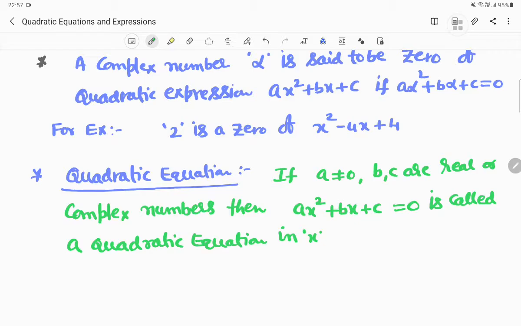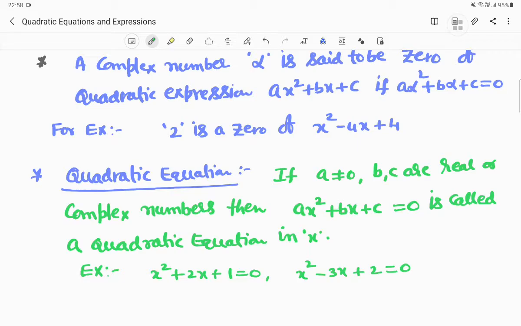Suppose in terms of y, it is a quadratic equation in terms of y. For example, x square plus 2x plus 1 equal to 0, x square minus 3x plus 2 equal to 0. These are quadratic equations. So we have different quadratic equations.